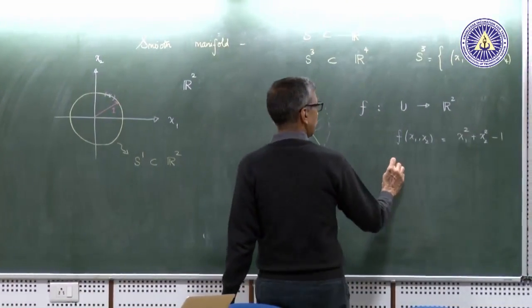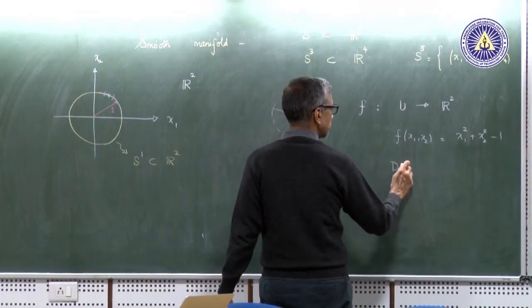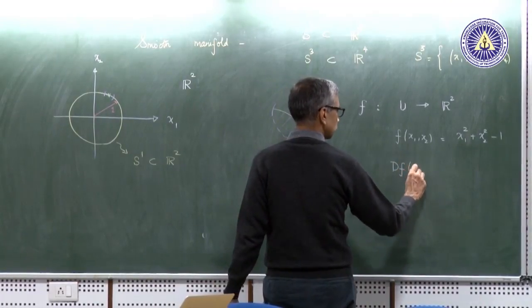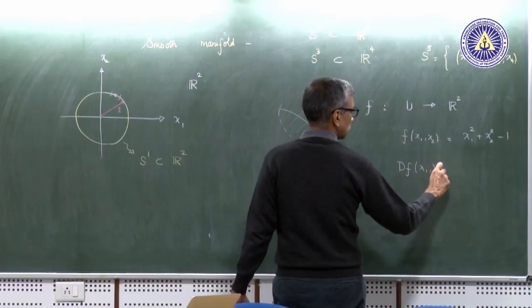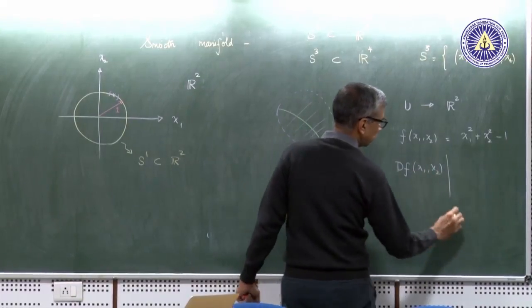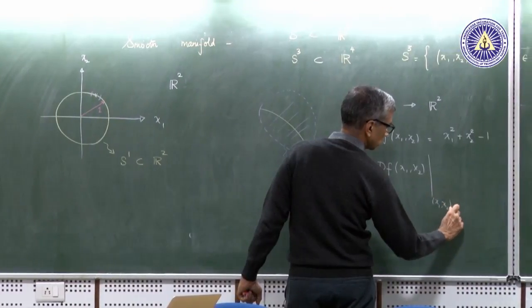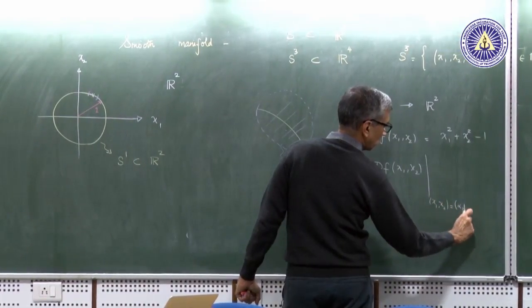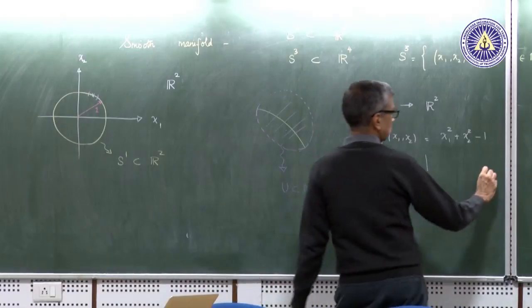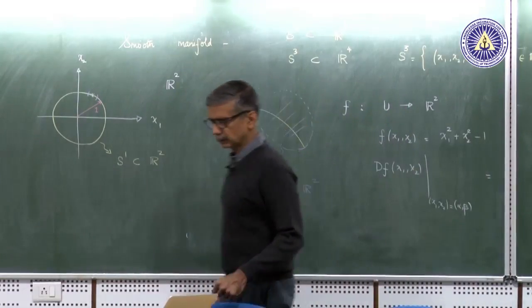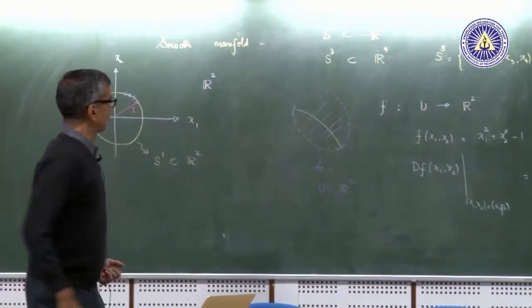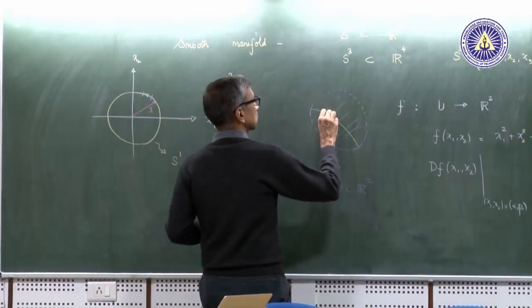Now let me evaluate the Jacobian of this function, right, at some particular value of x1, x2, call it alpha beta, right. Can you tell me what this Jacobian is? So let us say alpha beta was some point here.